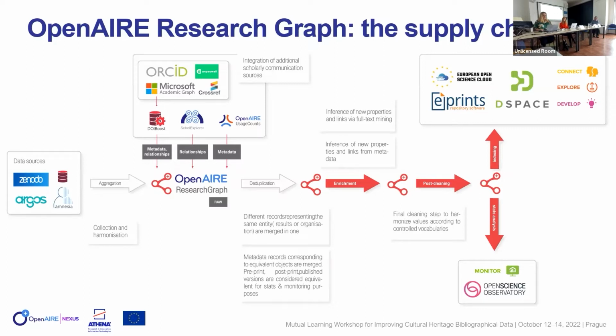Then there is the final cleaning step to do pipeline cleaning, and then we expose this to the outside world through either the platforms that you see at the top, or using statistical analysis. We have two services, the OpenAIRE Monitor and the Open Science Observatory, where one can view metrics and indicators for all the different stuff that's on the graph.